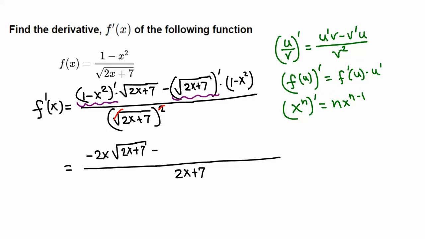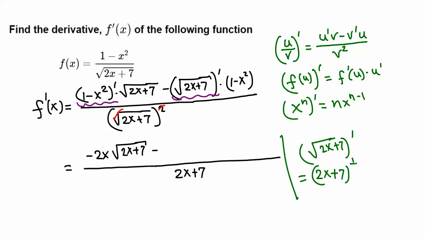Okay, to find this, you might want to review previous examples. So let me do it over here. We are trying to find the derivative of root 2x plus 7. Root 2x plus 7 is the same as 2x plus 7 raised to 1/2.